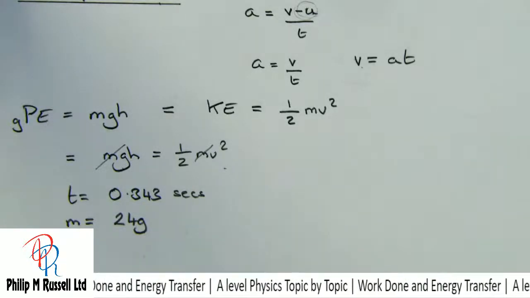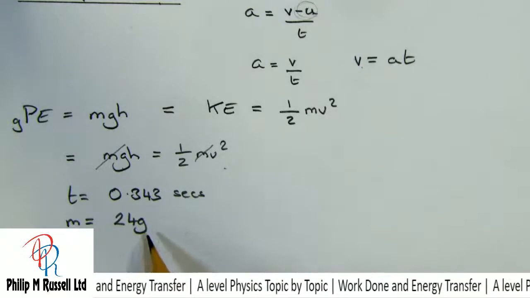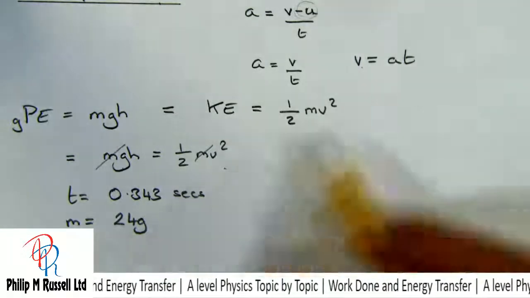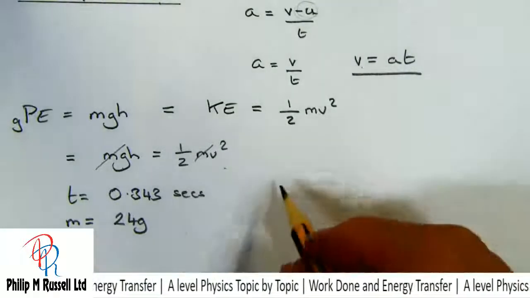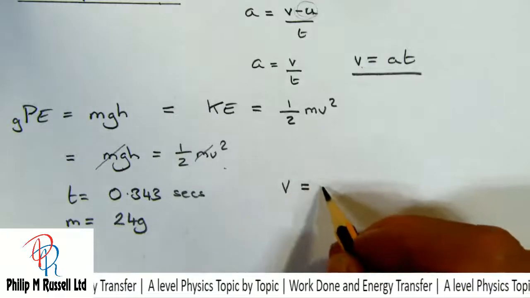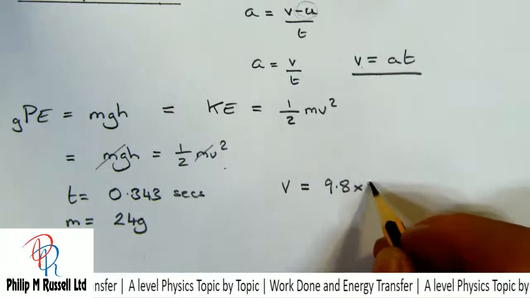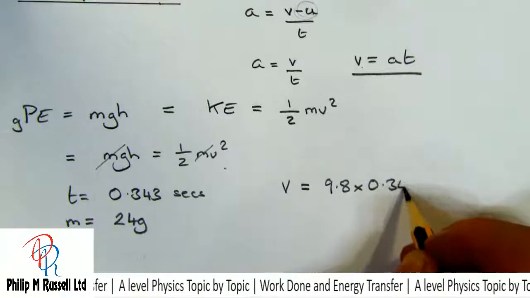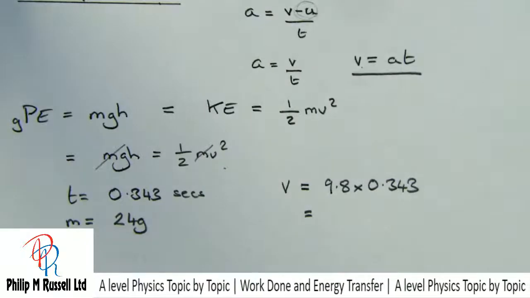So this will enable us to work out everything we want to do in our equations. We're going to use this idea: my velocity is going to be the acceleration, which is 9.8, times my time, which is 0.343 of a second.